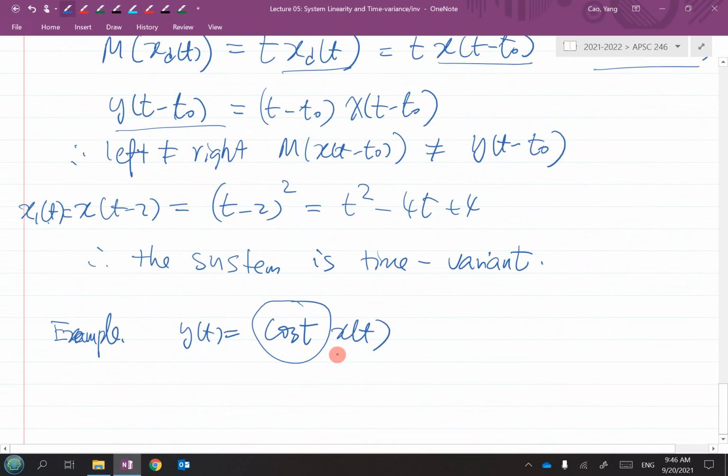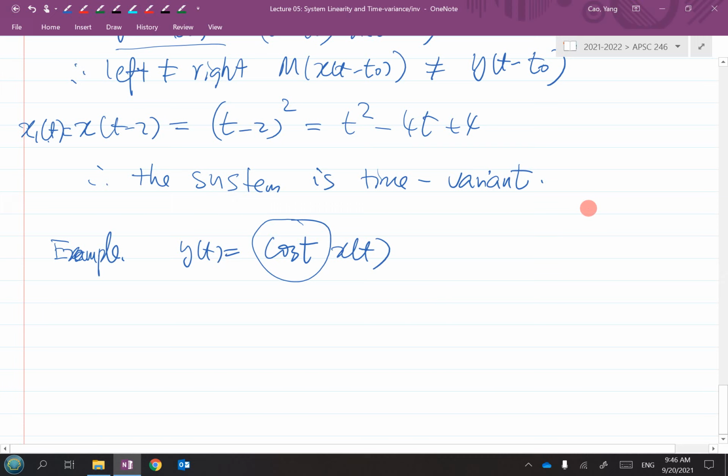Also, a similarity to what's seen here: you can see now the time t explicitly shows itself. It's not embedded within a certain function. It's explicitly outside, part of this system expression.